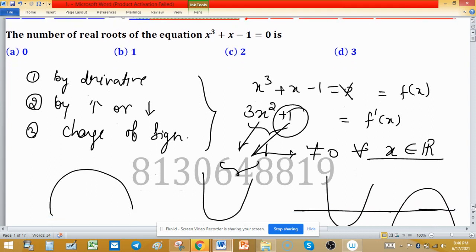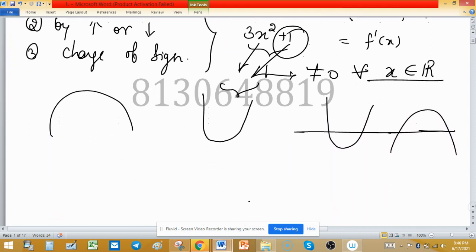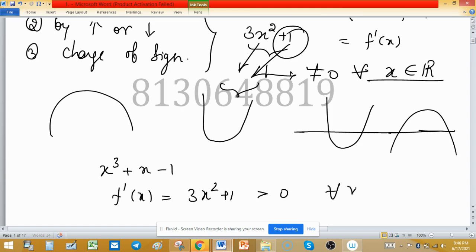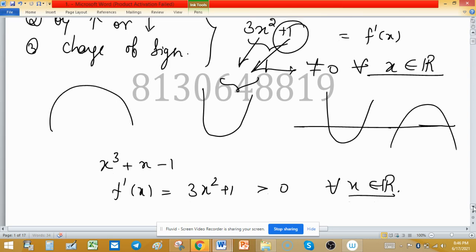Now, this equation x cube plus x minus 1, f dash x, as we calculated, 3x square plus 1, is always greater than 0 for all x which are real, it means the function is increasing.